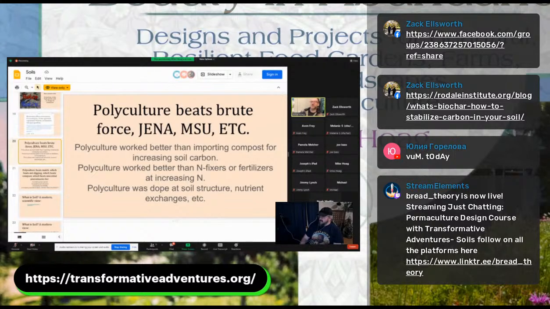So here's one that blows me away. Polyculture worked better than nitrogen fixers or fertilizers at increasing nitrogen. Nitrogen is the major limiting nutrient in most agriculture systems. Nitrogen makes proteins, nitrogen makes plant cell walls.